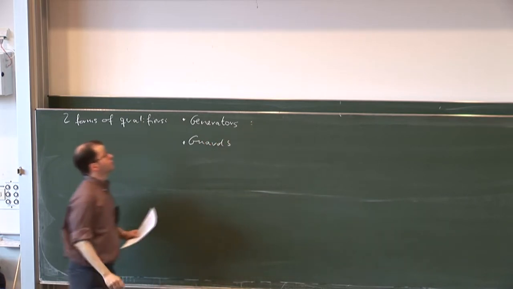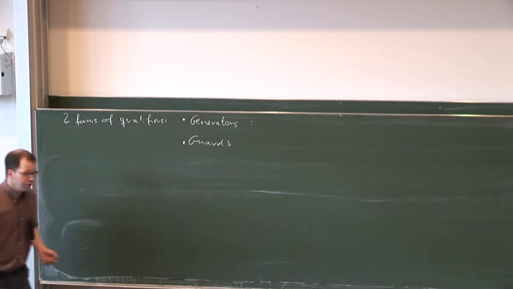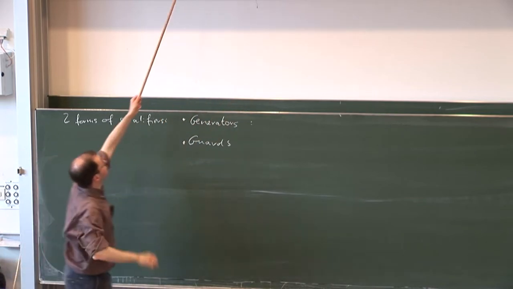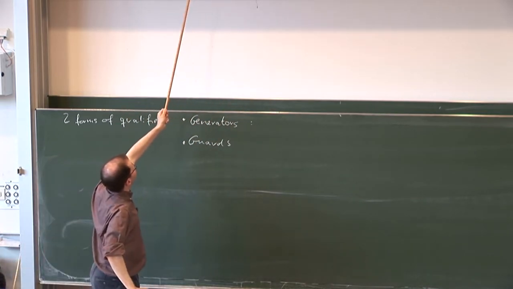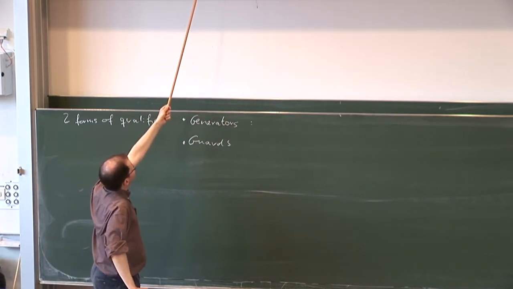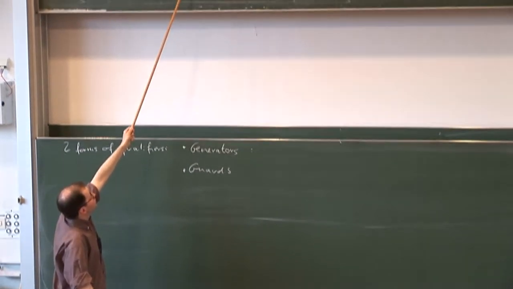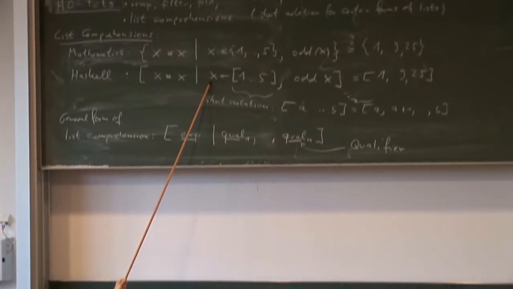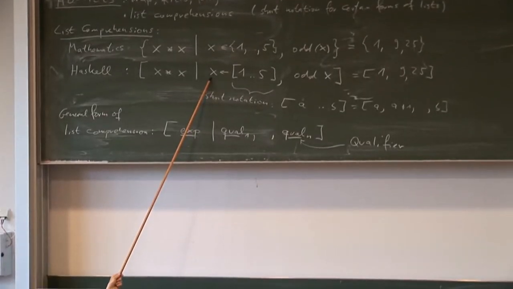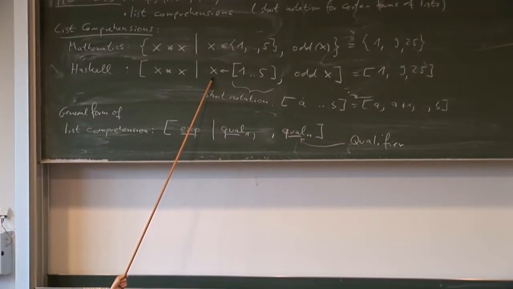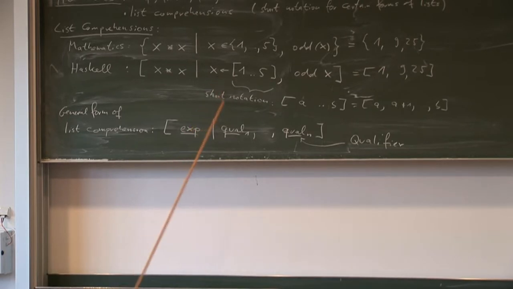Now, what is a generator? A generator is a qualifier which generates values. Something like this expression, x, and then an arrow to the left, and then the list 1 to 5 is a generator, because this generates the values 1, 2, 3, 4, 5 for x. This means let x take on the value 1, and then take on value 2, and then value 3, and so on.